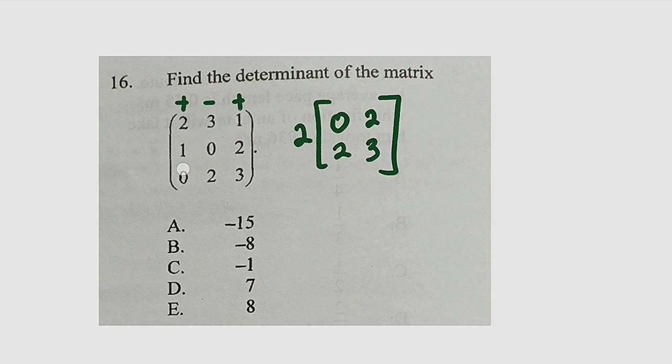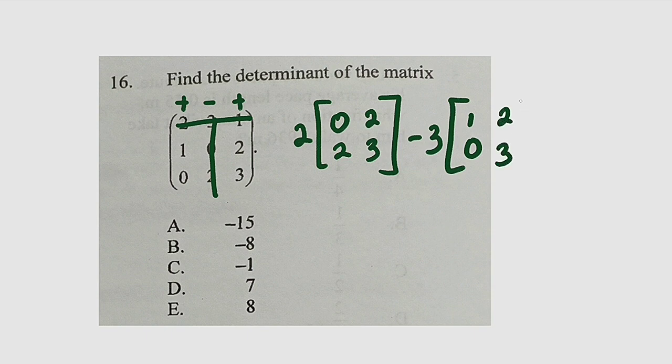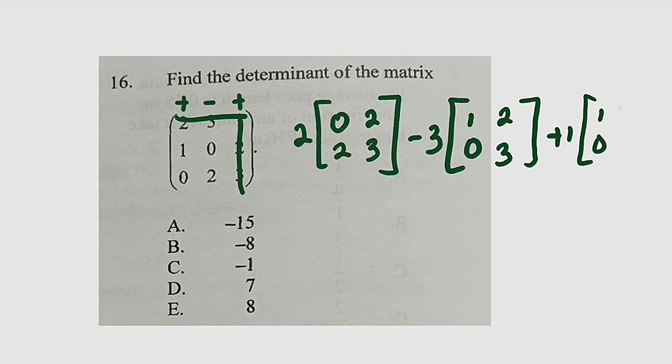You repeat the same process. We have minus 3. Form another matrix by deleting this row and this column. We have 1, 0, 2, 3. And lastly, we have plus 1. Form another matrix by deleting this row and this column. We have 1, 0, 0, 2.